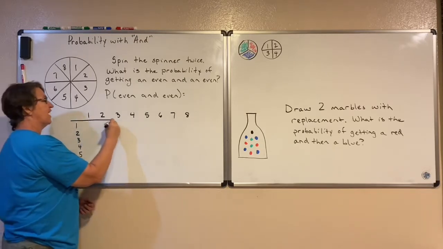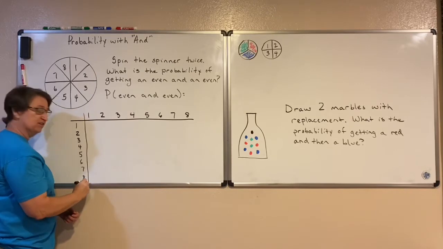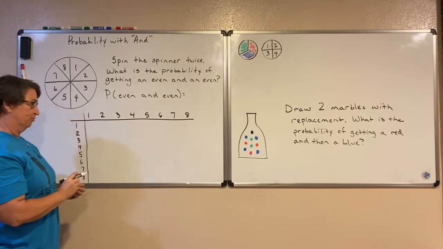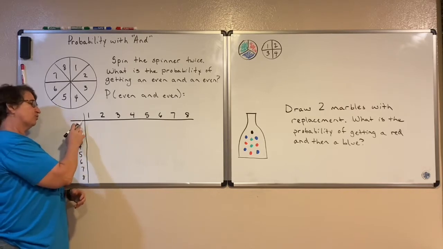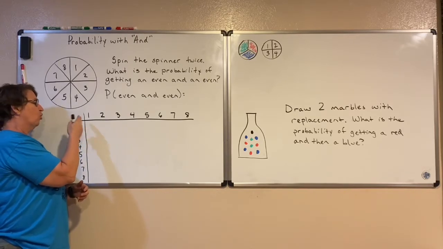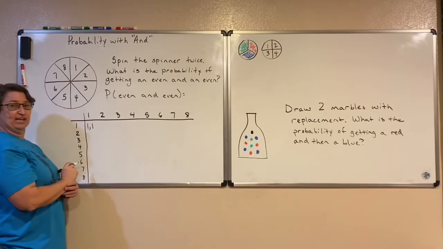So we can find all the possible outcomes by making this symmetric sample space, this chart, to help us see our outcomes. If I spin a 1 on the first spinner, I could spin a 1 on the second spinner.